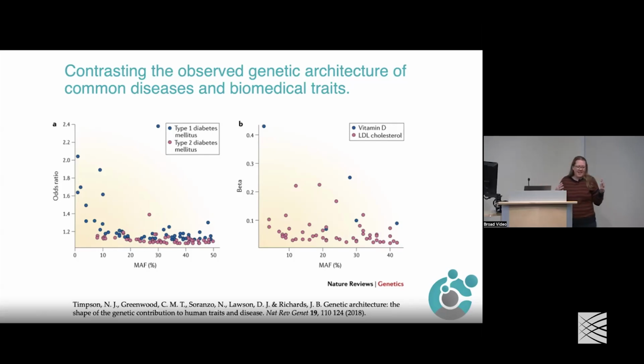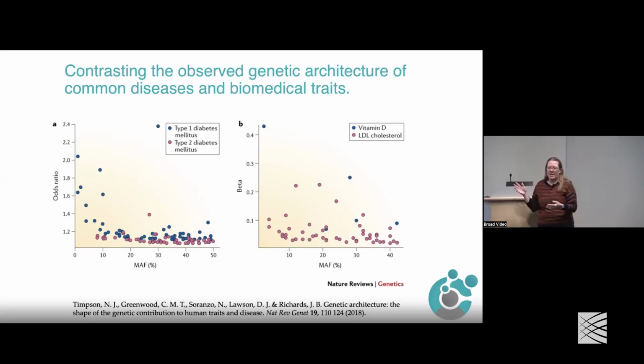So a trait that you're studying could have any sort of genetic architecture. You might have a hypothesis about what the genetic architecture is, but the purpose of further genome-wide association studies on all these different traits and outcomes is to define the genetic architecture of that trait. Are there any questions?